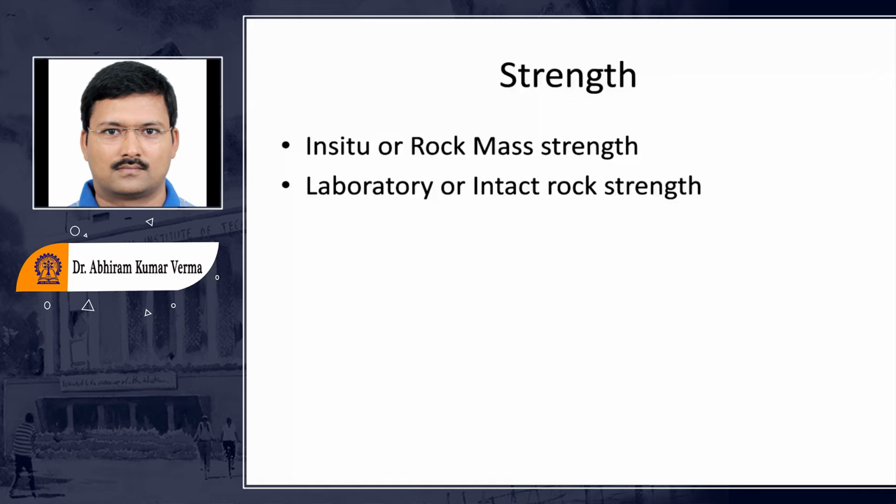Two or three reasons are there. One reason may be the simplicity of the equipment you have. With this small set of equipment, we can test the intact rock material in large numbers within a small time frame. We can test multiple sets of experiments, multiple sets of samples.